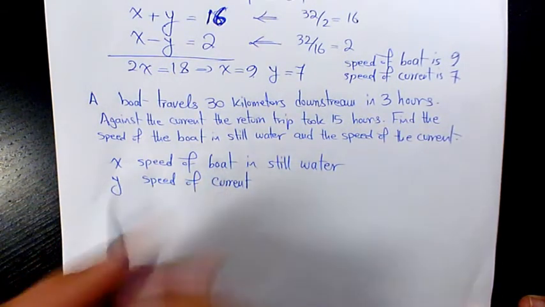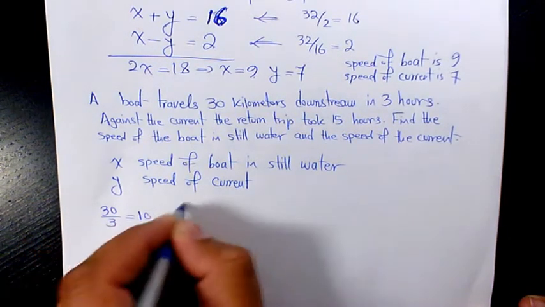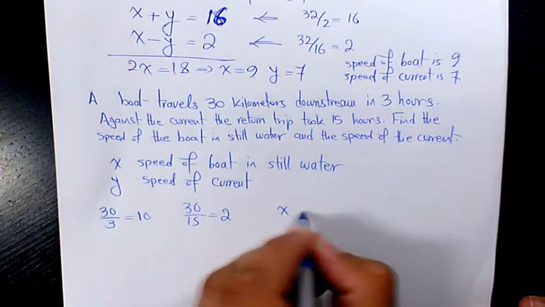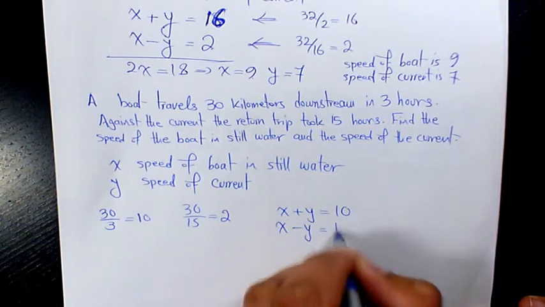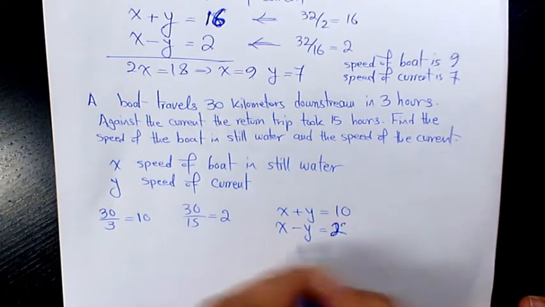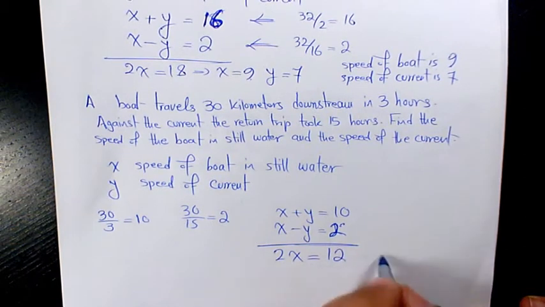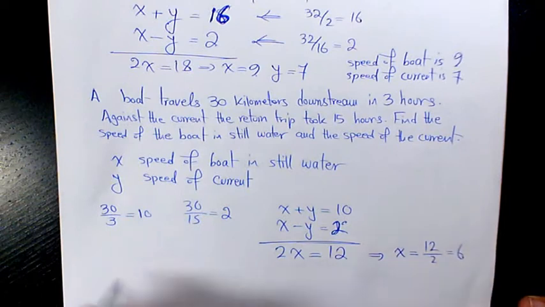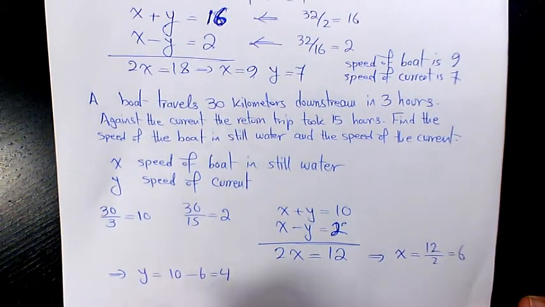So 30 divided by 3 is 10. 30 divided by 15 is 2. So x plus y is 10. X minus y is 2. When you add them, 2x equals 12. So x will be 12 divided by 2, which is 6. Therefore, y will be 10 minus 6 equals 4.